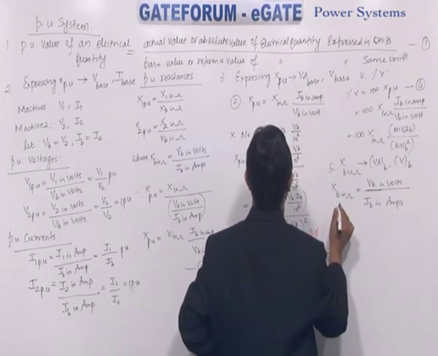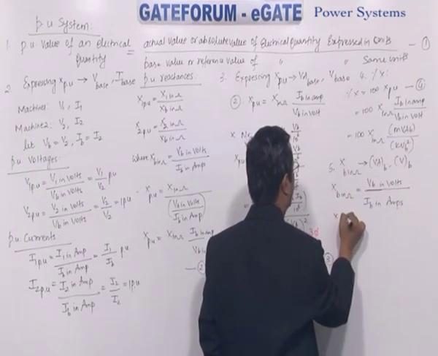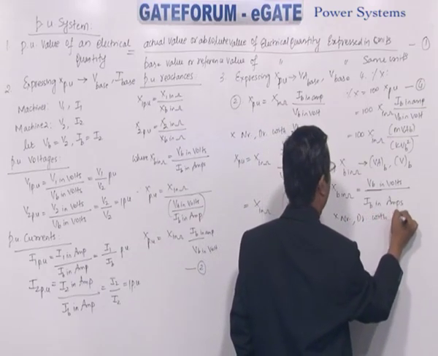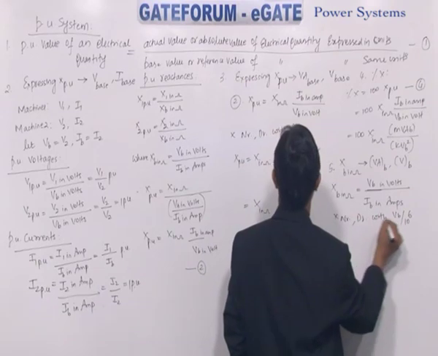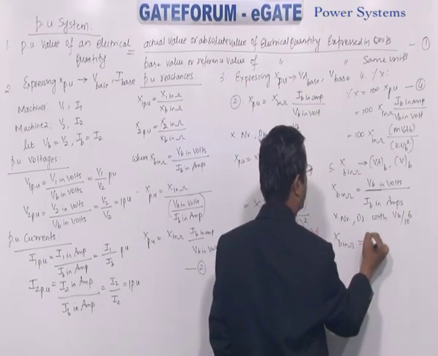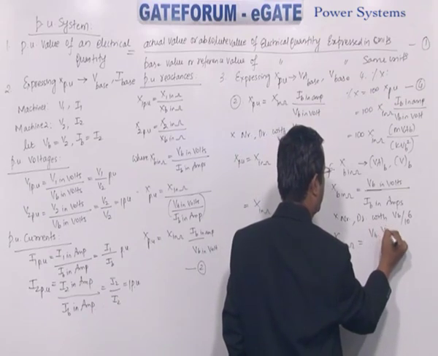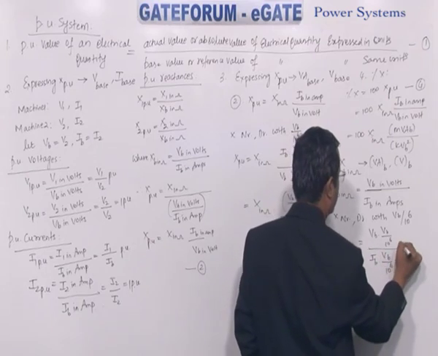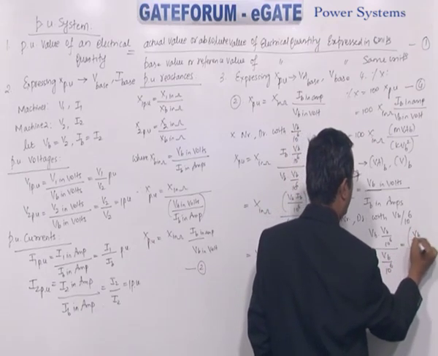Now multiply both numerator and denominator with Vb by 10 power 6. So the base reactance in ohms is Vb into Vb by 10 power 6, over Ib into Vb by 10 power 6. Simplifying, how much?